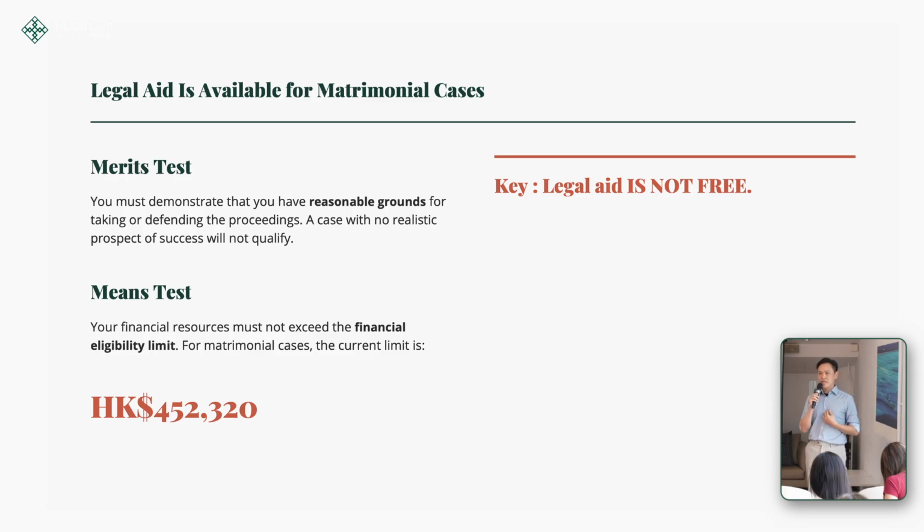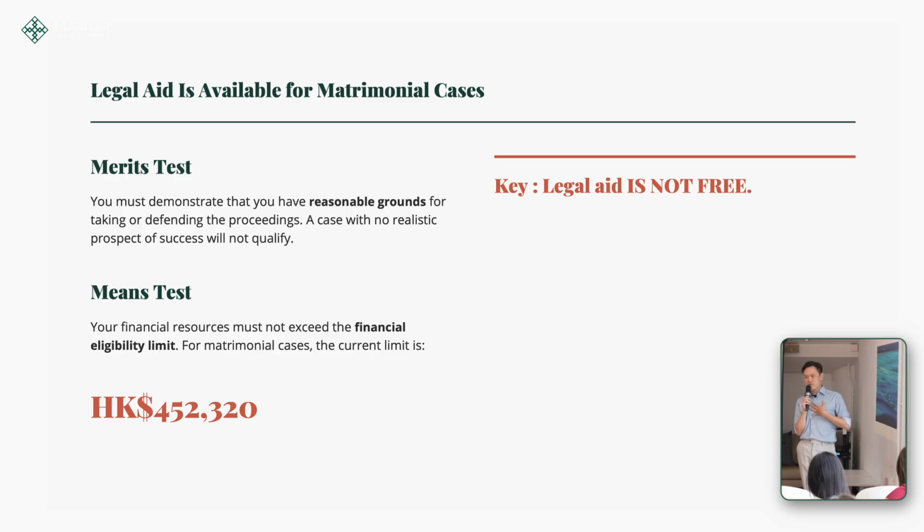But say, for example, I have a property that is generating rental income, then more likely than not, you won't meet the requirement because that property itself is likely to be worth more than $400,000. And when the legal aid department calculates the amount, they will also look at disposable income. So it's not like, I have no savings.